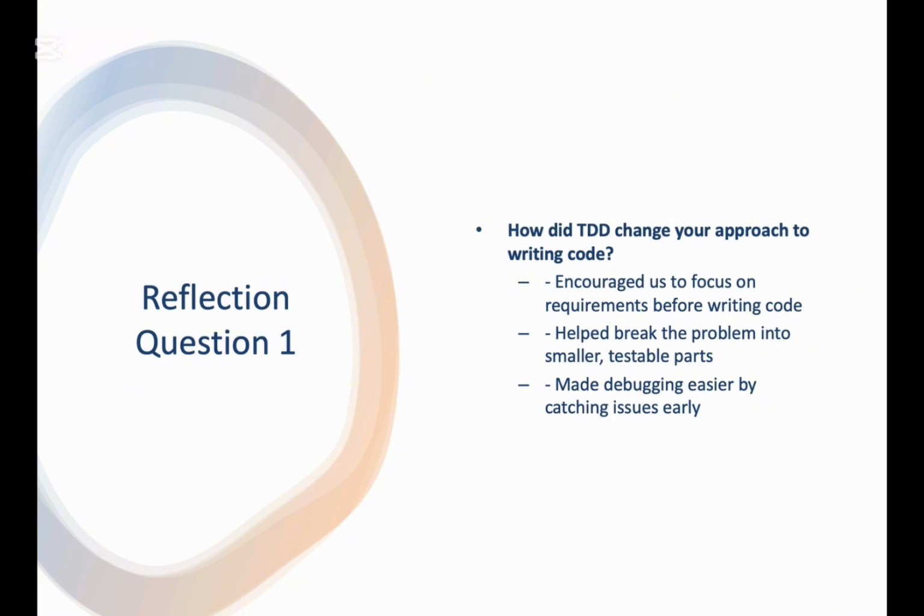We had to think carefully about expected behavior and define tests first, which helped clarify the purpose of each feature. It also helped break down the problem into smaller parts, making it easier to manage and debug. And since we were testing continuously, we could catch issues earlier and stay confident that the code worked as expected.